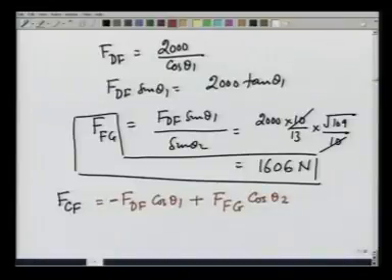You plug in the numbers. F_DF cosine theta 1 we already know is 2000. So, did we get the numbers right, sign right? Let us check that.